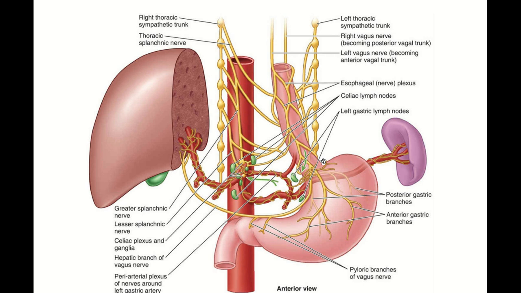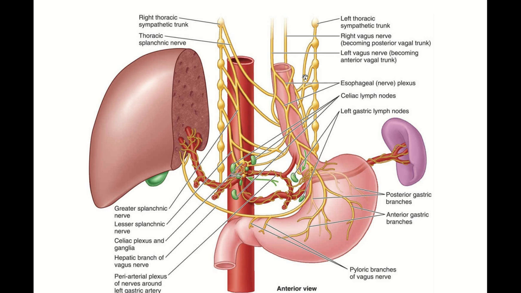The parasympathetic innervation will come from the left and right vagal trunks, not nerves. So in the abdominal esophagus, you have vagal trunks, not vagal nerves. You now have an anterior vagal trunk and a posterior vagal trunk, right? And why is it called an anterior vagal trunk, not a vagal nerve?